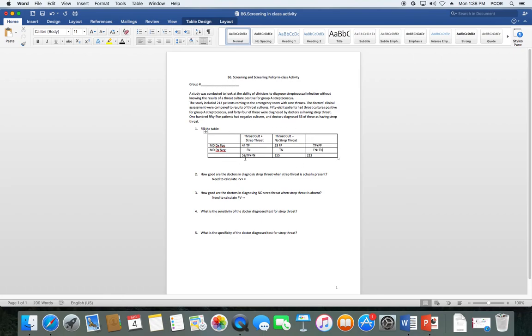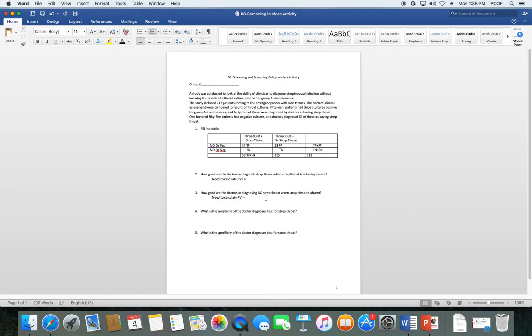When you have this data, you'll now be able to calculate correctly your positive predictive value, your negative predictive value, the sensitivity of the doctor's ability to diagnose, and the specificity of the doctor's ability to diagnose no throat culture or negative for throat culture.